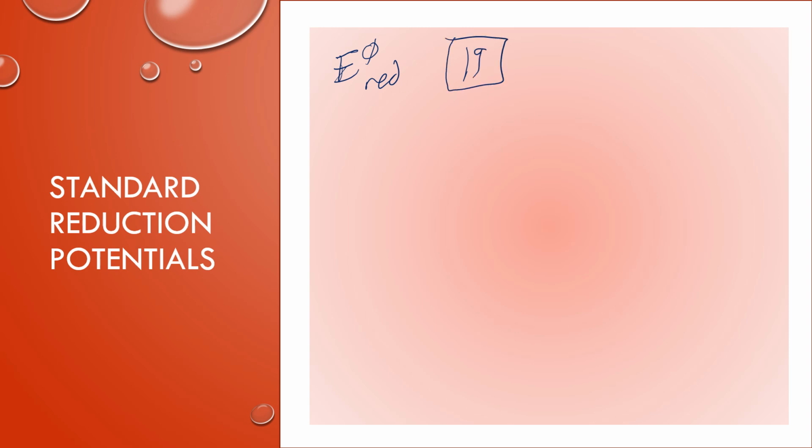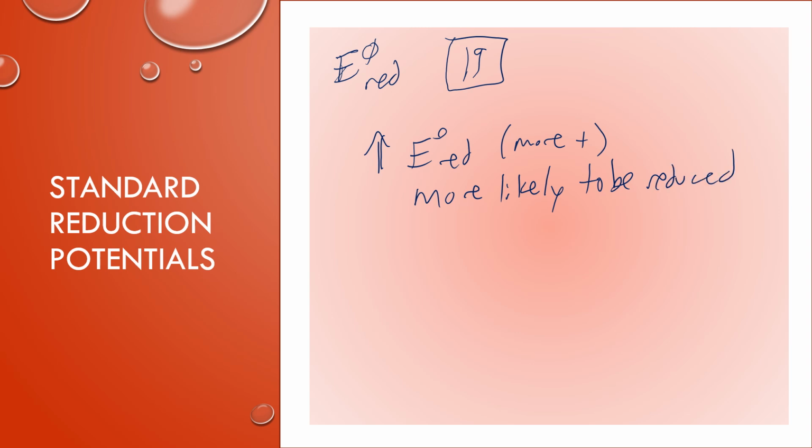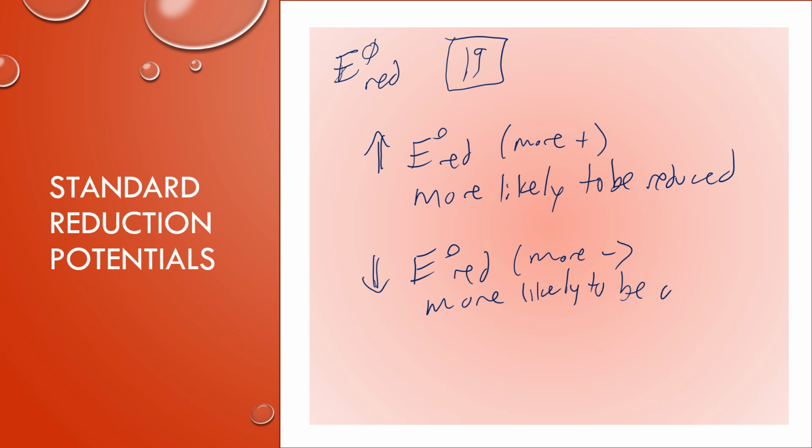And you can also compare those values to one another. The larger the value of the reduction potential, so the more positive it is, the more likely it is to be reduced. The more positive value, more reduced. The smaller the standard reduction potential, or the more negative, the more likely it is to be oxidized.